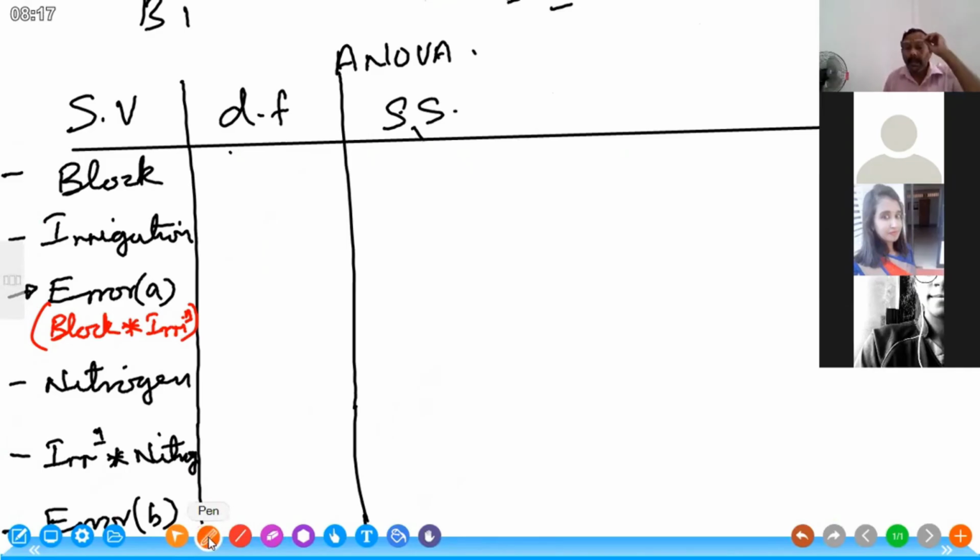Maybe if I ask, for example, give the ANOVA for split plot design without any numbers or values to calculate, then we will give the ANOVA table considering factor A, factor B, factor C. You write the source of variance: block, factor A, factor B, error A, factor C, interactions, etc. Then you give the degrees of freedom in terms of assumed numbers of levels: R minus 1, A minus 1, B minus 1, C minus 1, and so on. Right?